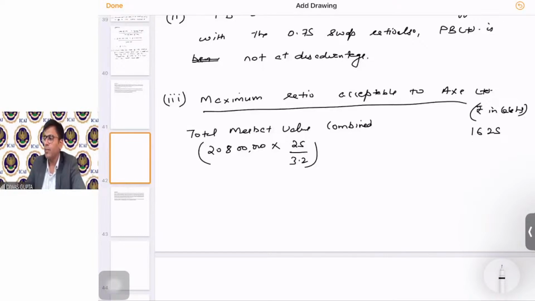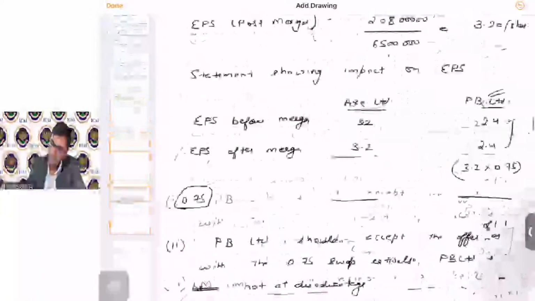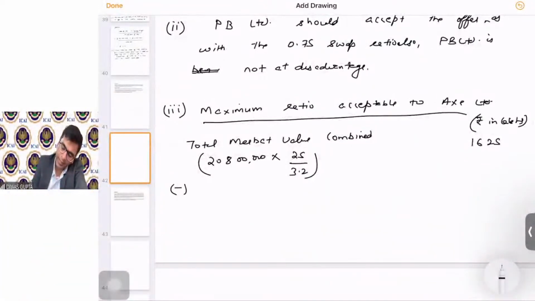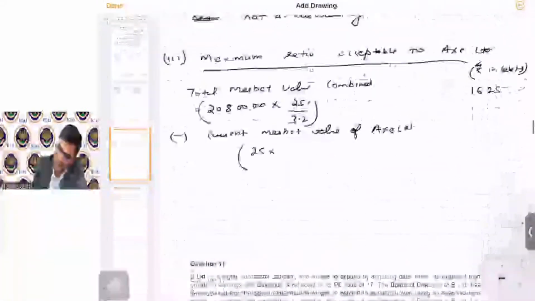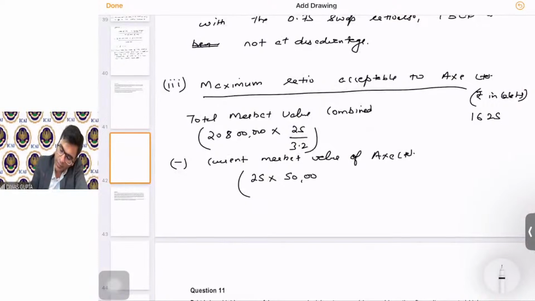Then from this, we will reduce the current market price, or the pre-merger market value, of X Limited. So that is 25 rupees per share multiplied by 50 lakhs shares, which is 1250 lakhs.